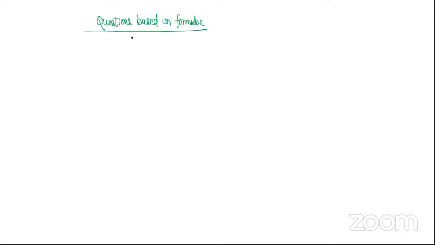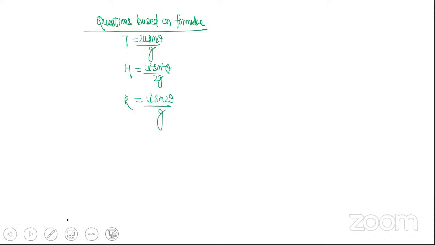क्या फॉर्मूला? Time equal to 2u sin theta by g. Maximum height equal to u square sin square theta by 2g. Range equal to u square sin 2 theta by g. Now this can also be written as 2 uy by g.